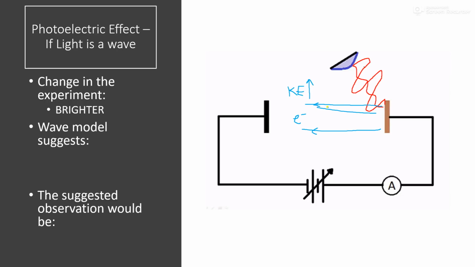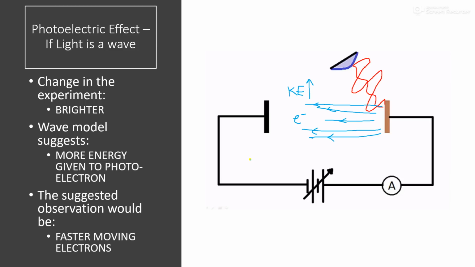So I get a lot of electrons coming out because I have a lot of energy from the light. This is what it would suggest: more energy is given to the photoelectron. The suggested observation would be faster moving electrons, or more electrons coming out from the plate itself. So that's the first expected observation.